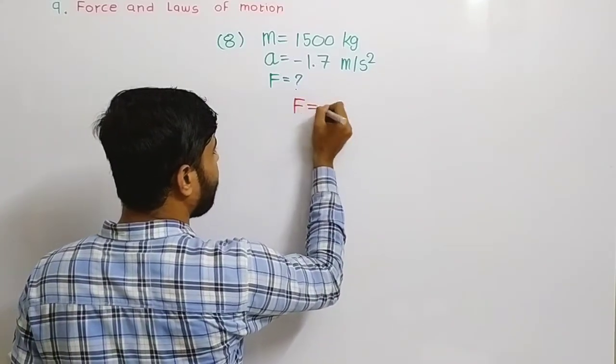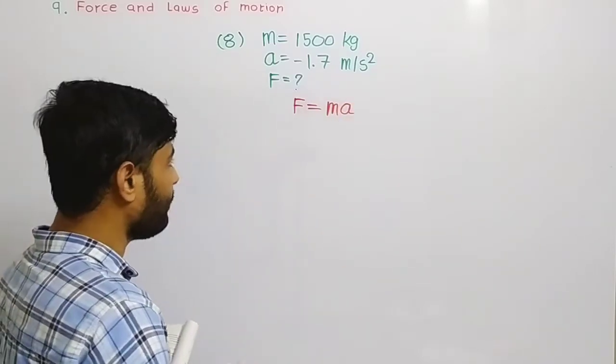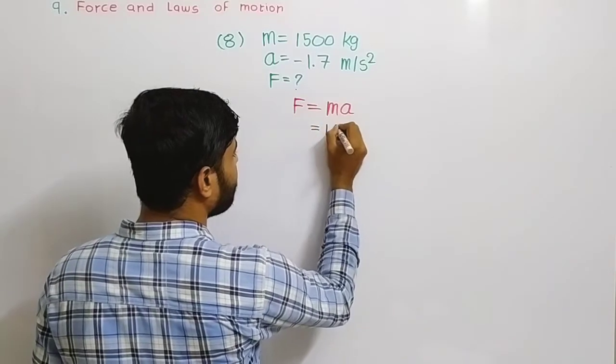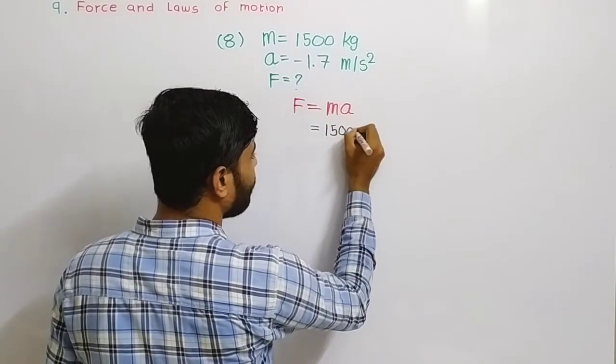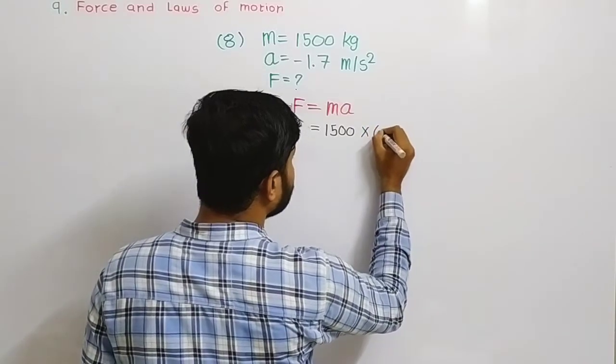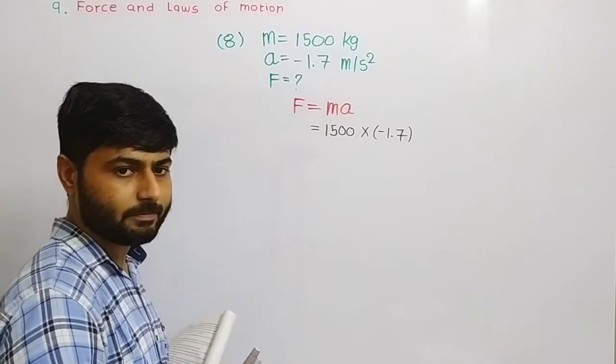Very simple. Let's put the formula. F is equal to ma. Put the required values. M is equal to 1500, into a is equal to minus 1.7.